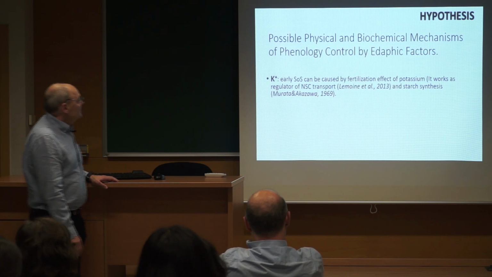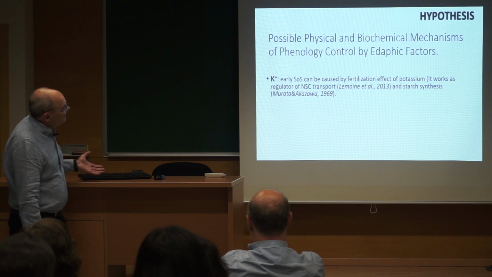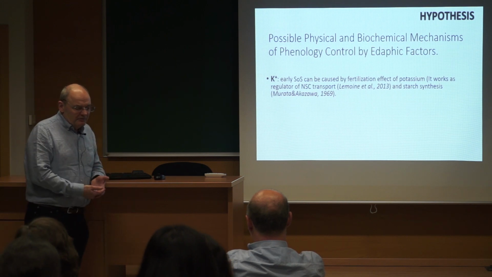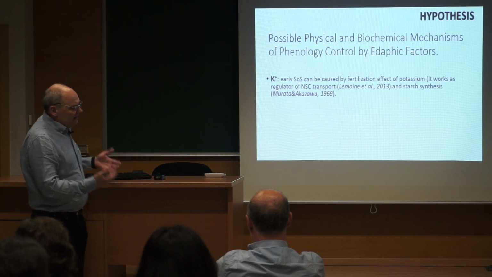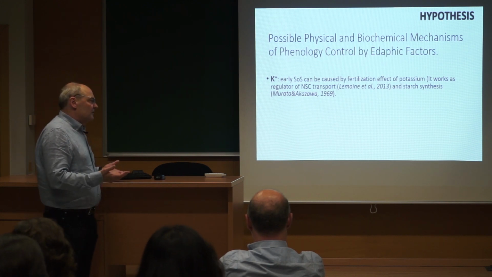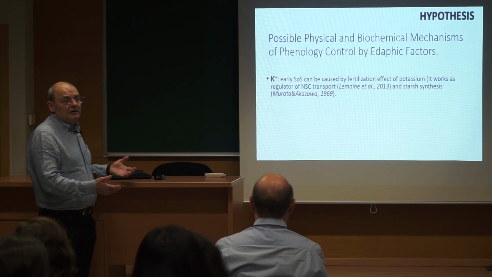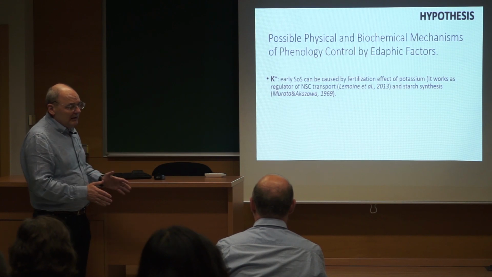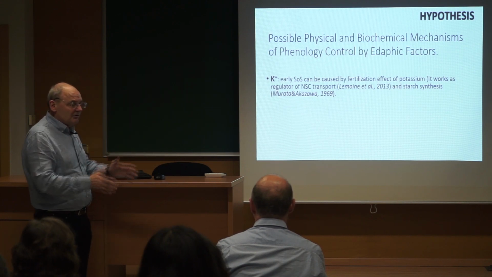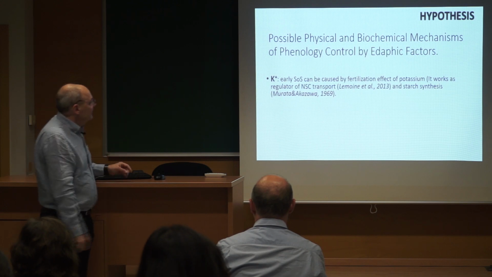So first, about potassium. Potassium is an important element, and we believe that watersheds with an elevated level of potassium have an early start of season because potassium works as a regulator of non-structural carbon transport. Without transferring non-structural carbons into leaves, you won't have the start of the season.